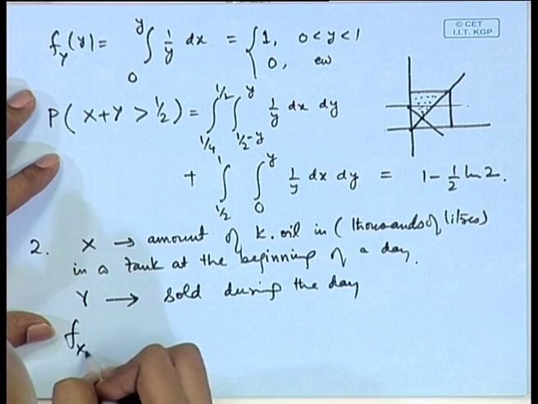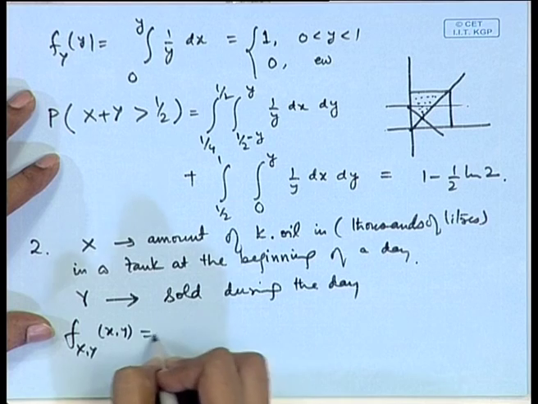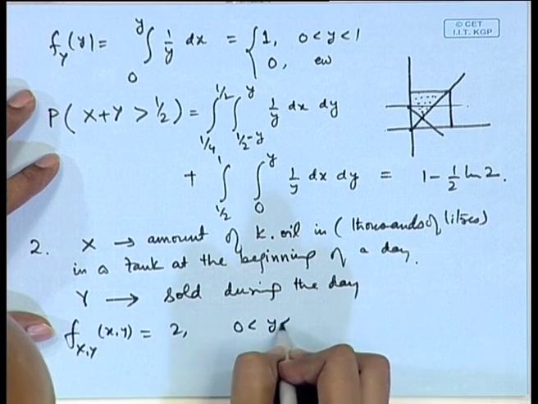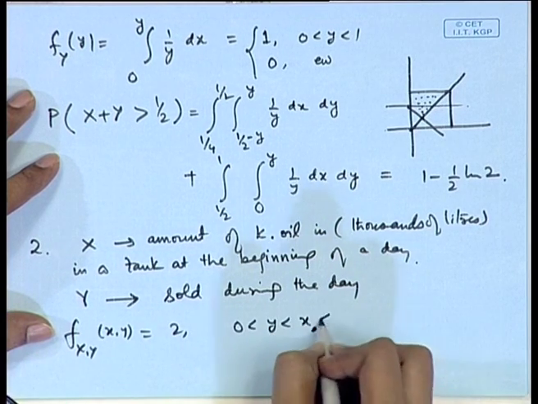So, f(x, y) is suppose given by 2, 0 < y < x < 1.